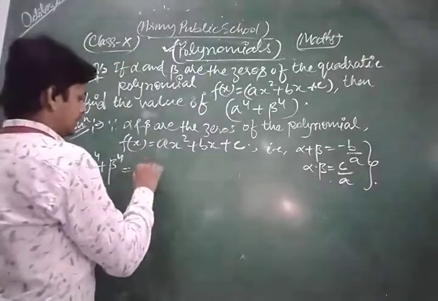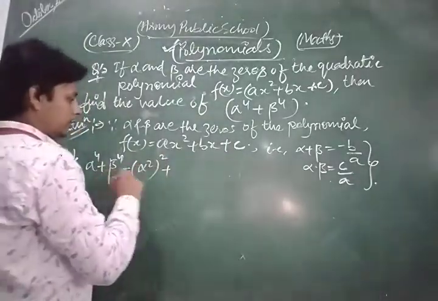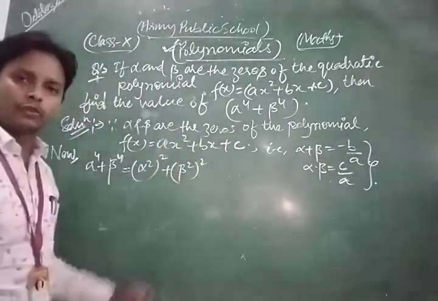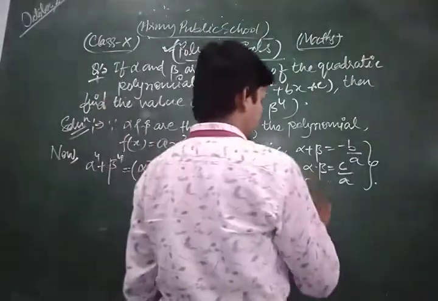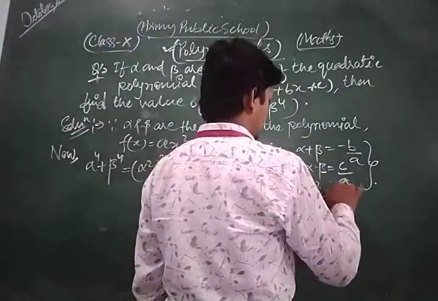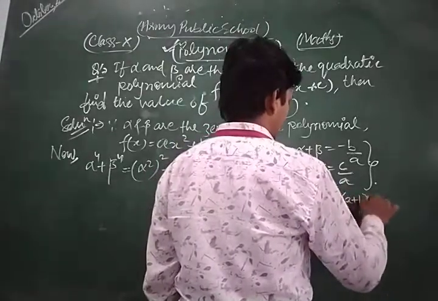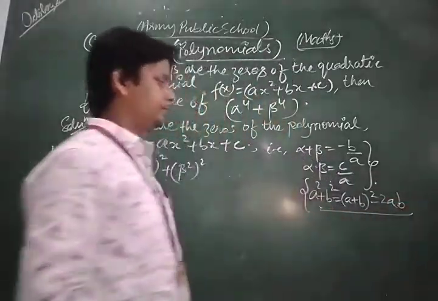We can write alpha power 4 as alpha square whole square, and beta power 4 as beta square whole square. Now we apply the identity you know: a square plus b square can be written in the form of a plus b whole square minus 2ab.